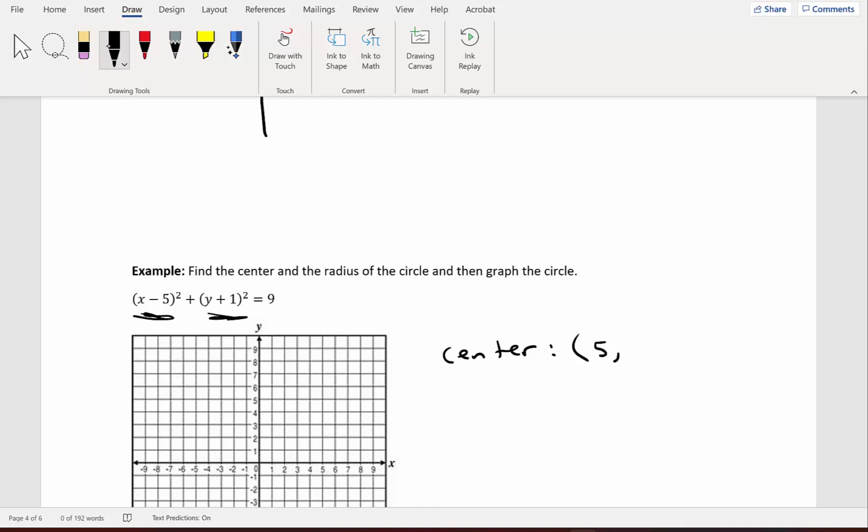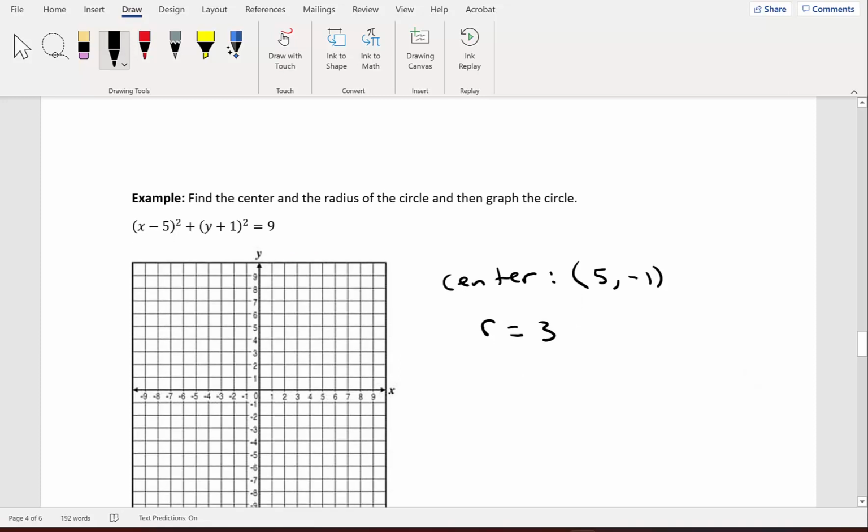And then whatever makes the part of the y that's being squared, whatever makes that part 0 in the parentheses, so it would be negative 1. So our center is 5 comma negative 1, and then our radius, it's the square root of this last number. It's the square root of 9. Well, square root of 9 is 3.